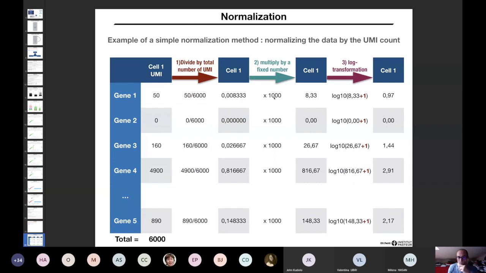So here I chose 1,000. It's just to make the values more readable for us. And in the end, we apply a log transformation that will have the tendency to mitigate the variance to mean ratio, so to stabilize the variance in a way.